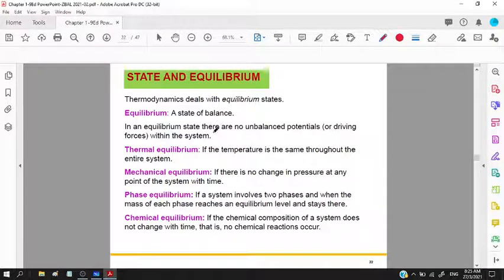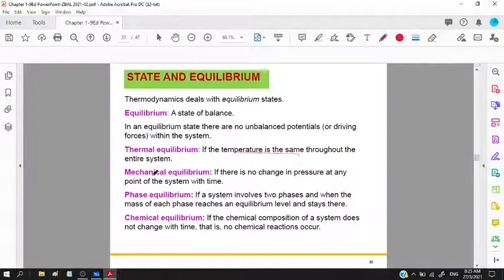Now we go for state and equilibrium. Equilibrium is a state of balance. What type of balance? We have thermal balance, mechanical balance, phase balance, and chemical equilibrium. Everything must be in balance. When we say thermal equilibrium, the temperature is the same.